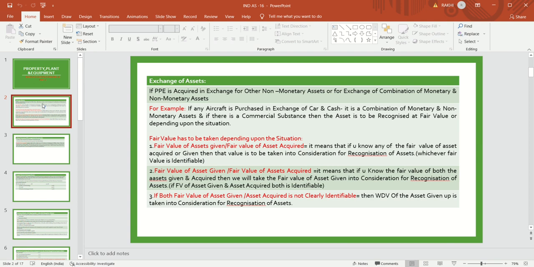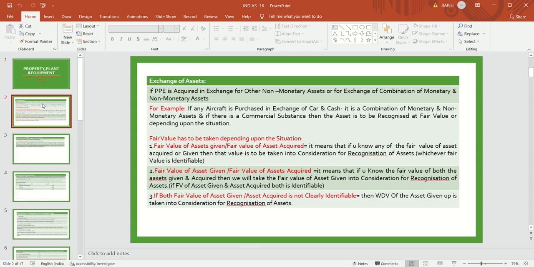I am giving an example: if the company is exchanging one Tesla car whose model number is the same, whose features are the same, whose configuration is the same, with another Tesla car, and the only difference between the two cars is the color, so it does not have any commercial substance. This transaction does not have commercial substance, because the nature and features of the car are the same, the amount is the same, so there is no such commercial substance.